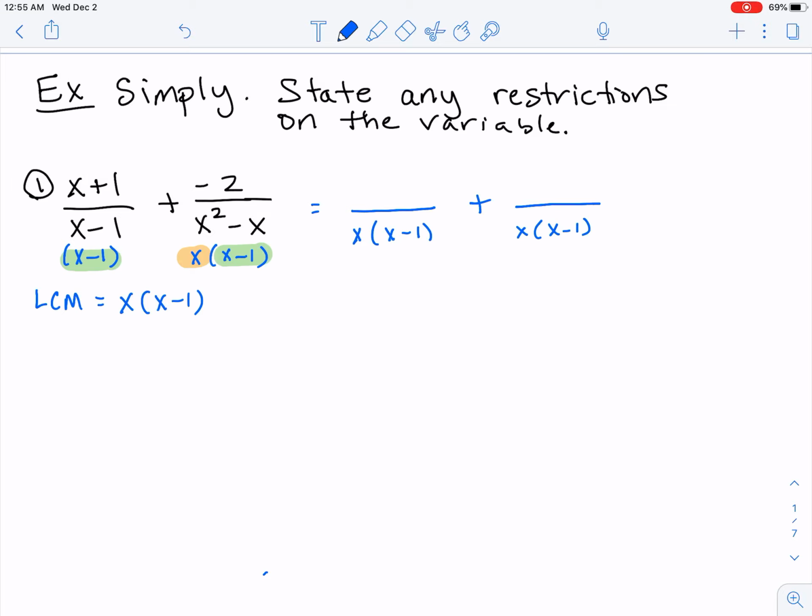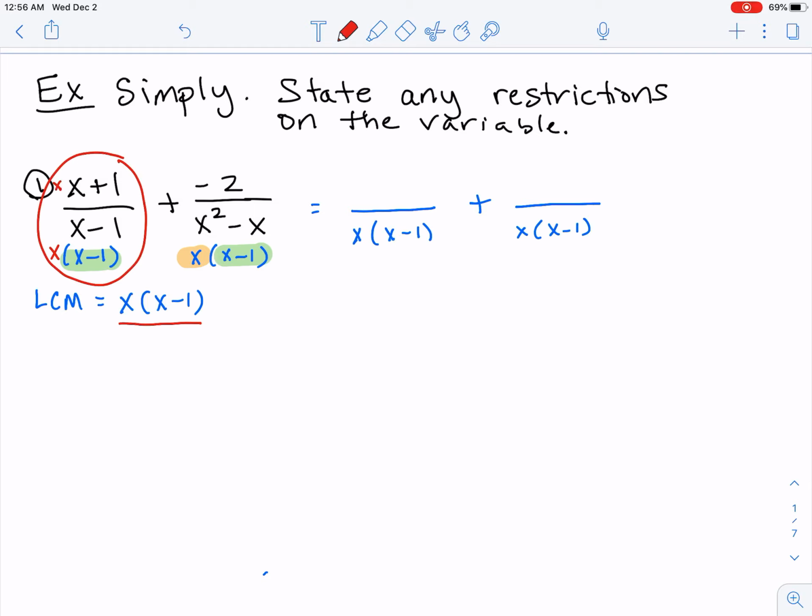Okay, here's what I mean by that. Let me get red here. So in order for this first term, right here, I'll circle it in red, to have this least common denominator, well, I would need to multiply by an x.